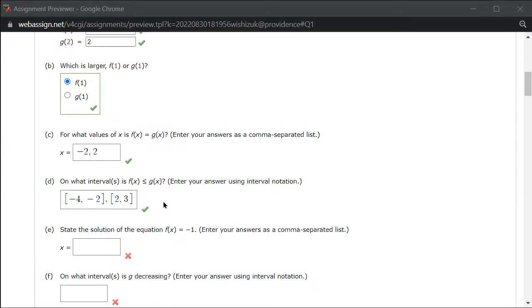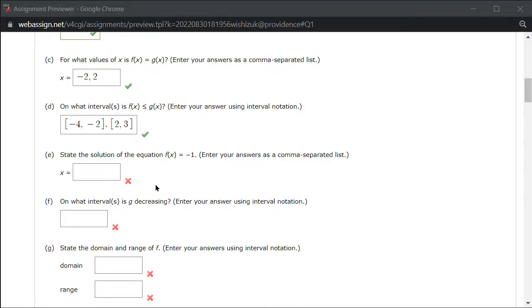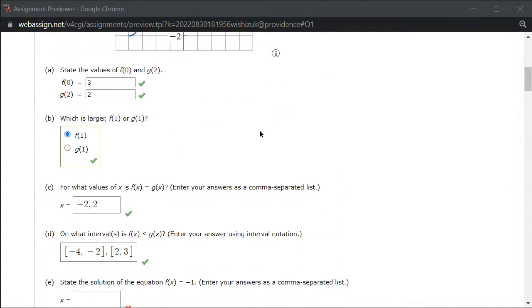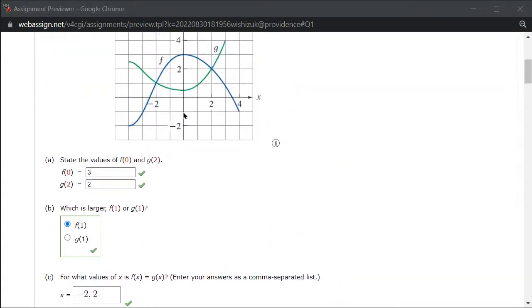Let's move on to part E. We want to state the solution of the equation f of x equals -1. So the y value we want is -1. If you go to the left, you can see that here you find the graph of f. It looks like it happens at -3. So that's the first solution.